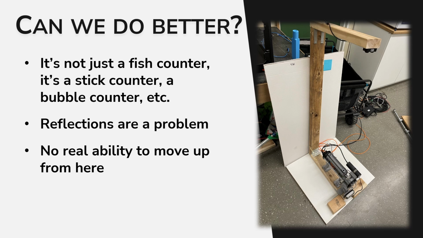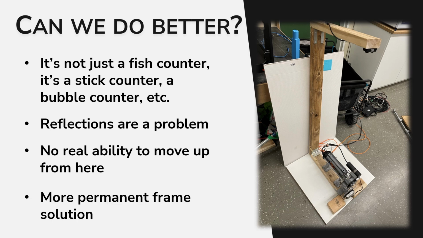Really, what we have is what we have. Background removal only goes so far, and then tracking can work with what it has, but if you're detecting bubbles, if you're detecting reflections, you're toast. And secondly, we needed a more permanent frame solution. I didn't mention this, but this wood frame actually floats, and that makes it very difficult to put in the water. You have to weigh it down.